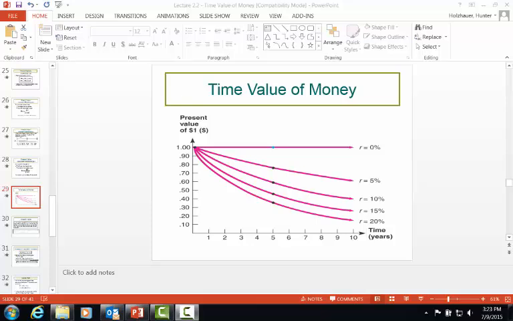That's only worth $1 in the future if r equals 0%. However, if you're going to be using higher discount rates, those are going to have a larger and larger impact on the present value of that investment. So the higher the r value, or the discount rate, the lower the present value for that project.